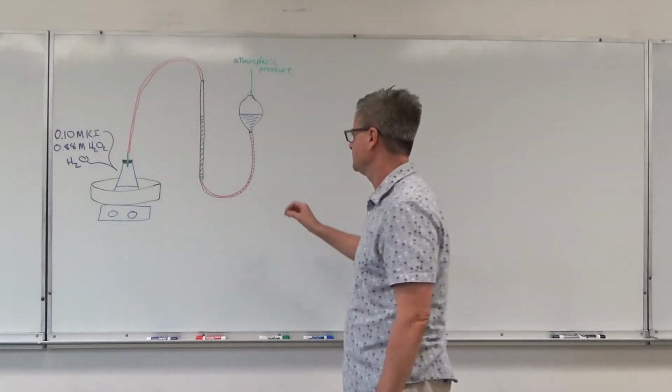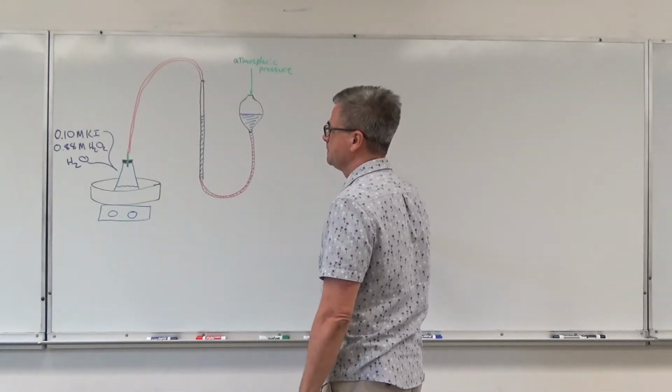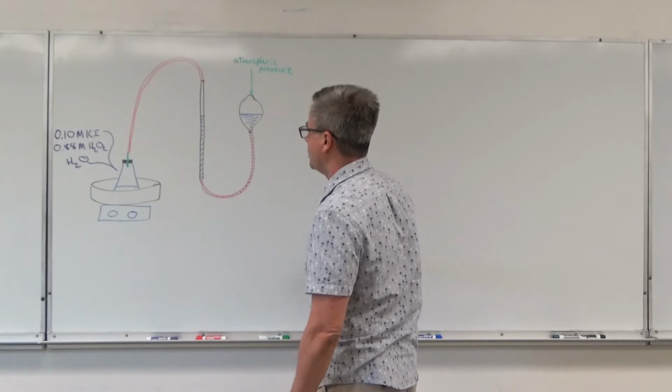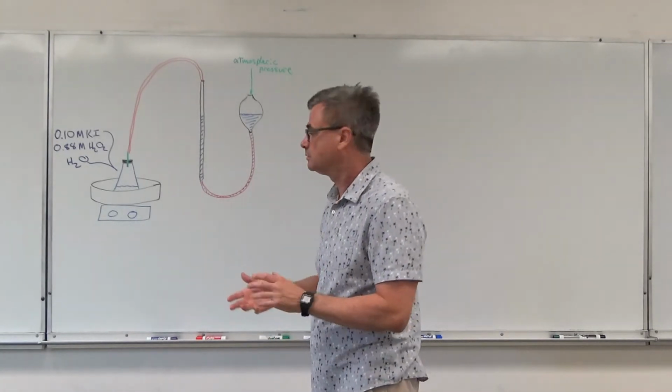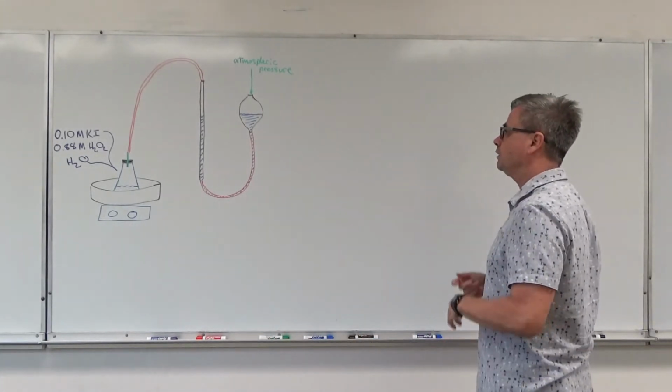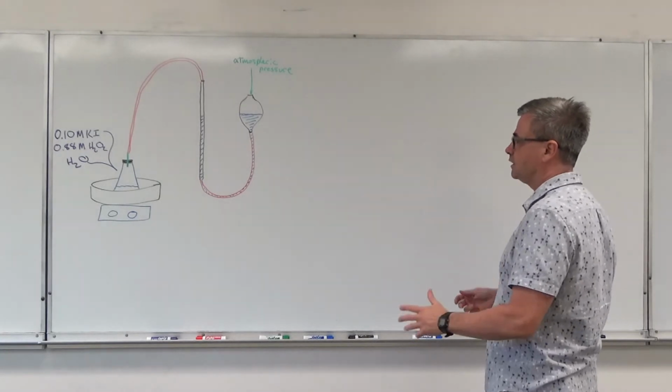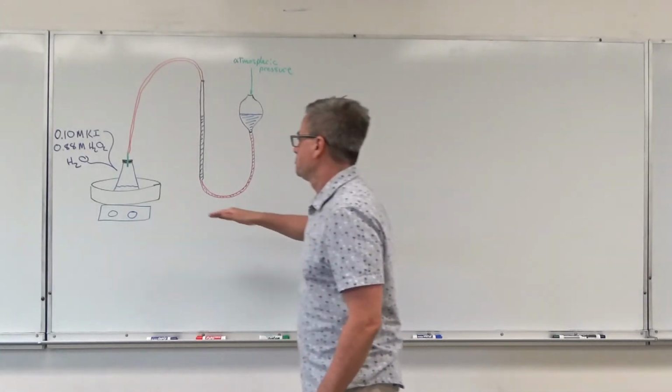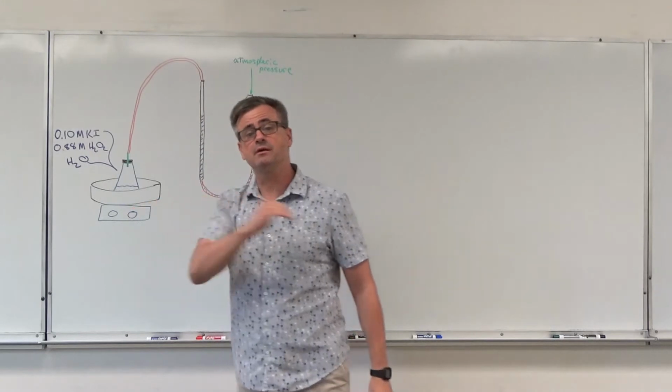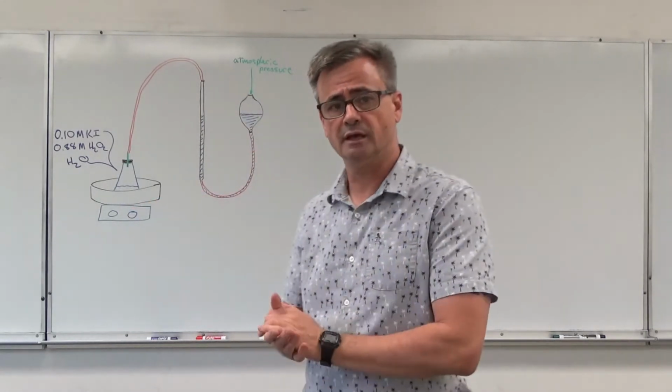We know from looking at the overall reaction that oxygen will be produced. Now, we're going to end up describing the rate of reaction by describing the disappearance of hydrogen peroxide.